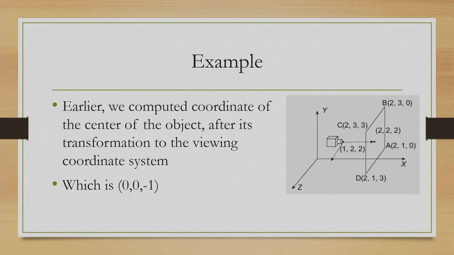So, we will not go into the details of how we calculated that again. Let us just mention the transformed point, that is 0, 0, minus 1, that we got after applying this viewing transformation.